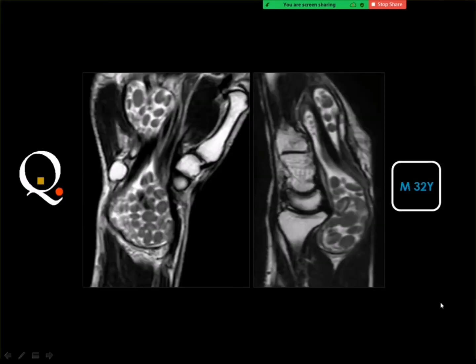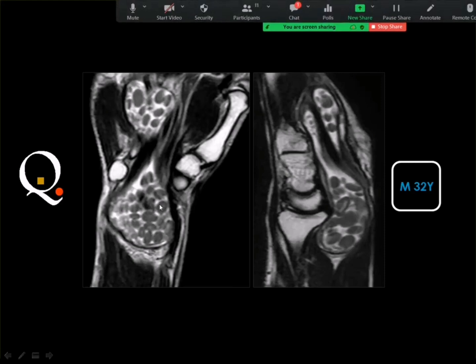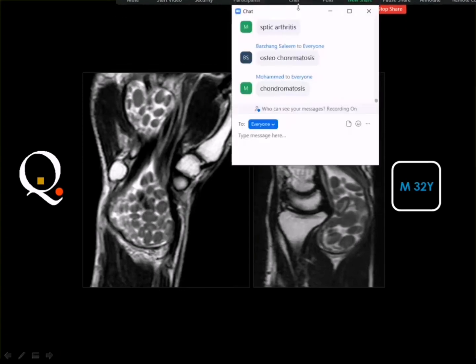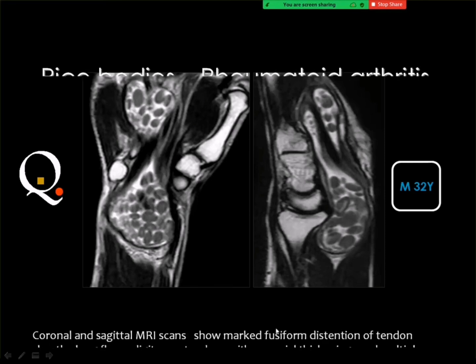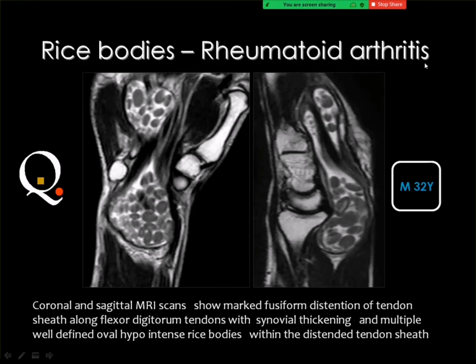Very good. This is a male patient, 32 years old. MRI of the wrist joint, coronal and sagittal T2 weighted images. Okay. No, this is not pigmented villonodular synovitis, but synovial chondromatosis is a good possibility for this appearance, although it is presented in the literature as rice bodies of rheumatoid arthritis.